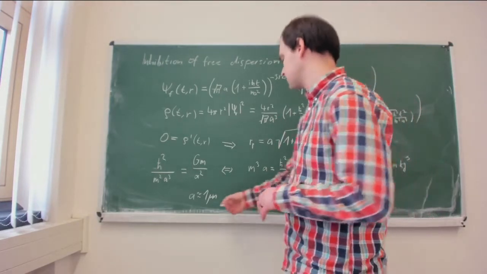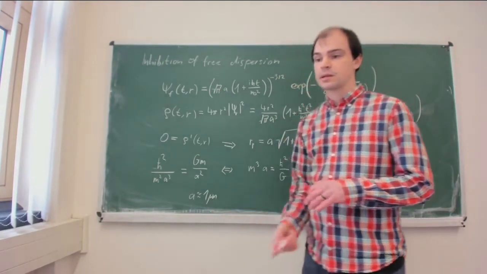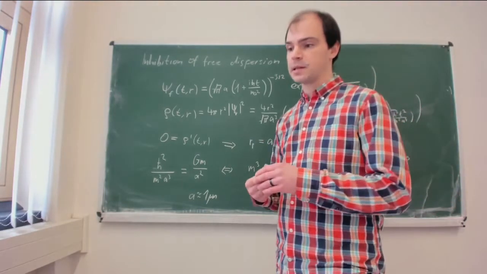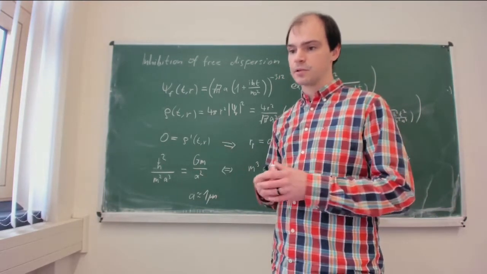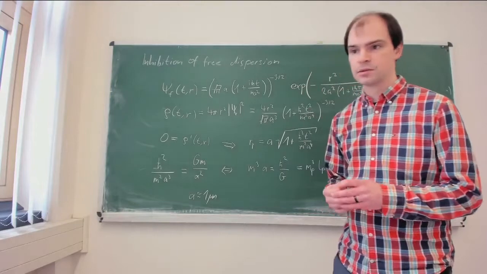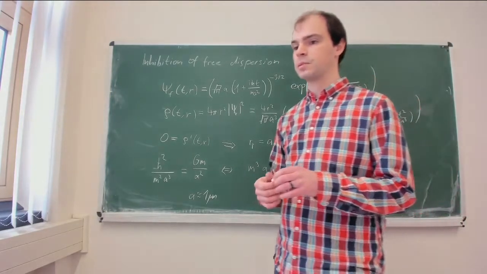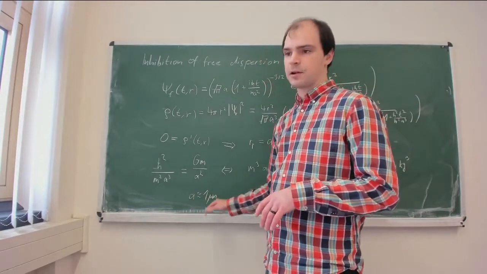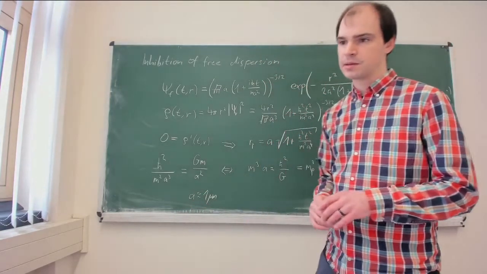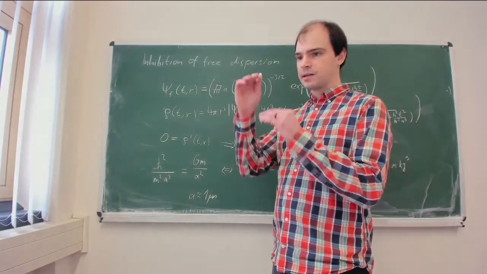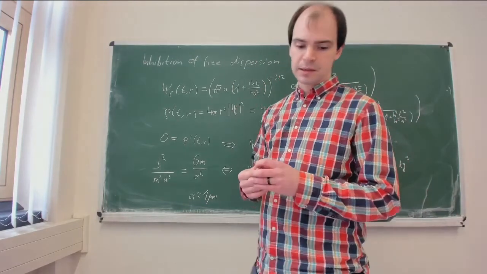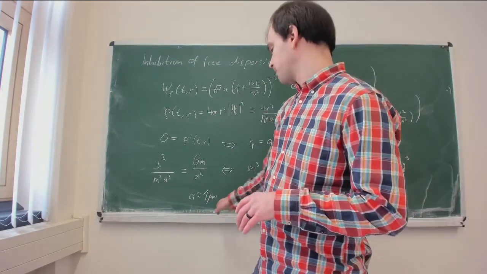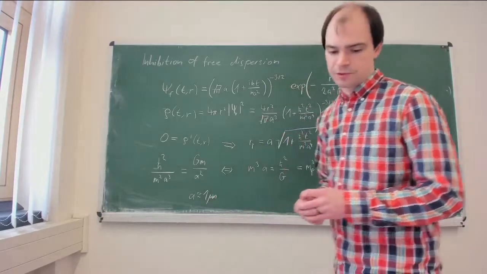If you look at experiments that have been done with large molecules, interferometry experiments with large molecules, I mentioned those types of experiments before in the lecture, then the wave functions you have in these experiments, or also the distance between the grids, are roughly of this order of micrometers.